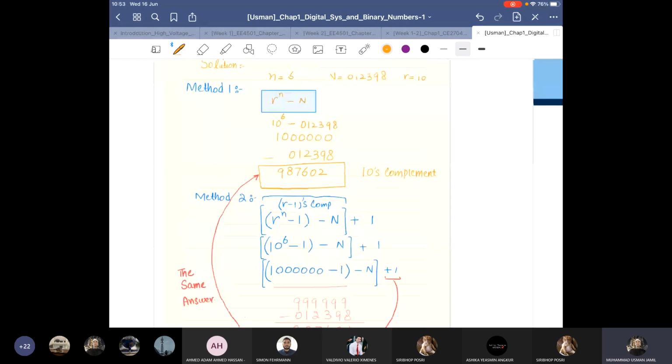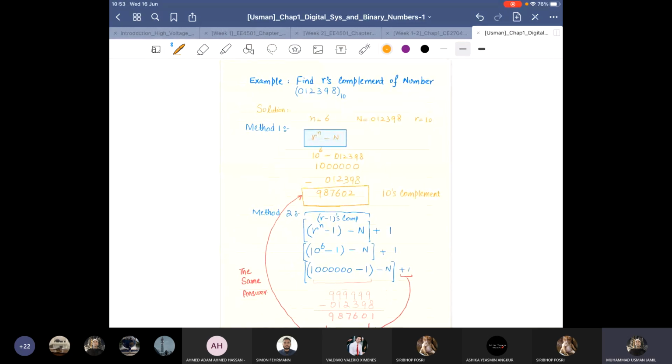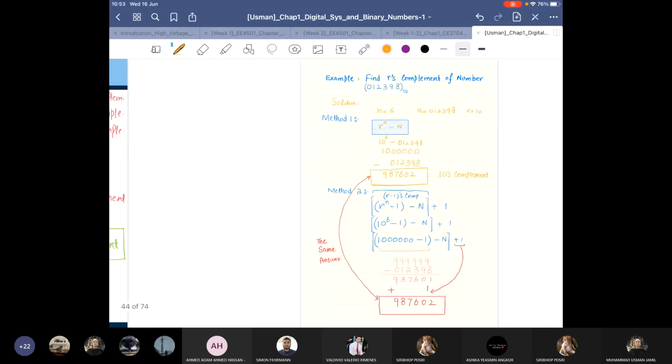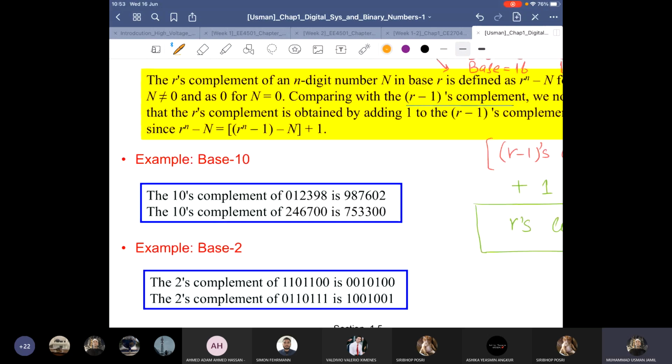This is how we can find it. You can do this at home. Now we will do a binary number.